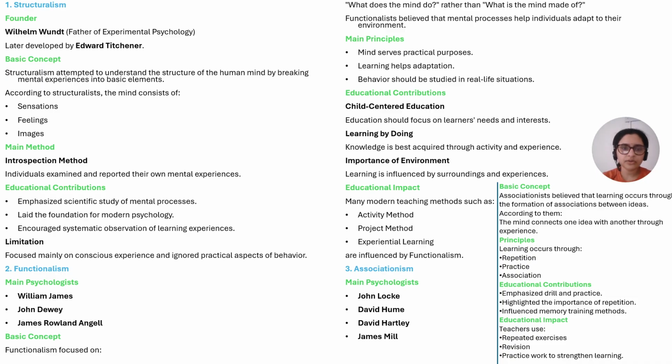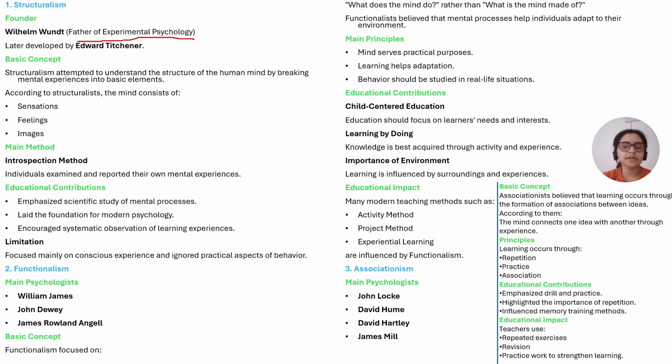Who is the founder of structuralism? William Wundt. William Wundt is also called the father of experimental psychology. This you have to remember. This was later developed by Edward Titchener.